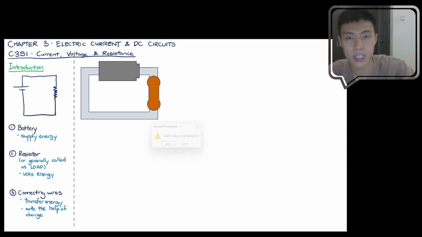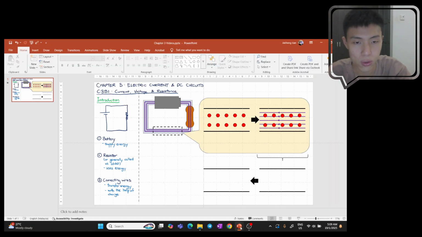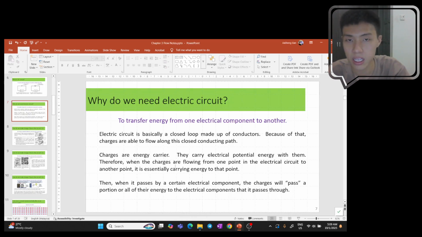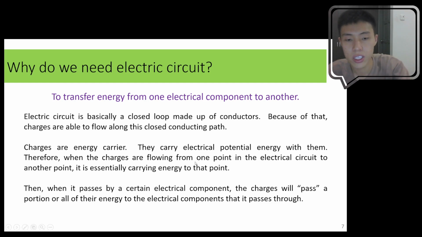Let me go to another slide, where I'm going to show you important things regarding what I explained just now. An electric circuit is basically a closed loop made of conductors. Because of that, charges are able to flow along this closed conducting path. Inside the battery there's a conductor. The resistor also consists of some amount of conductor, so that's why charge is able to flow through it.